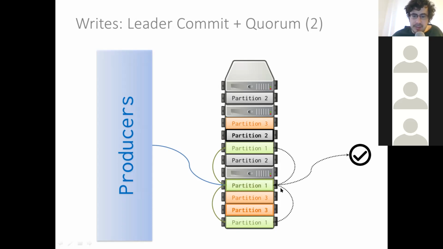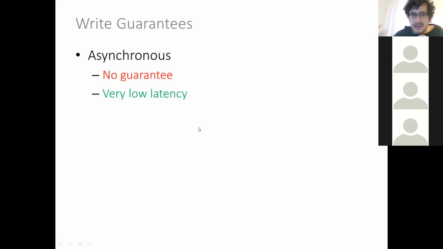It will await their acknowledgement, and only then will the leader acknowledge. So we'll acknowledge that at least 2 other machines have acknowledged the write. This is a stronger guarantee that the write has been done.